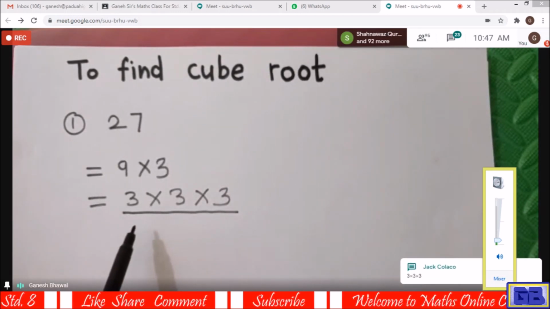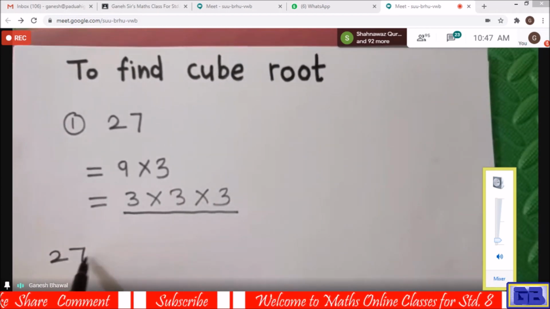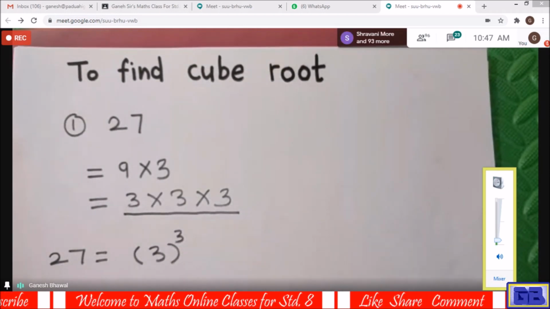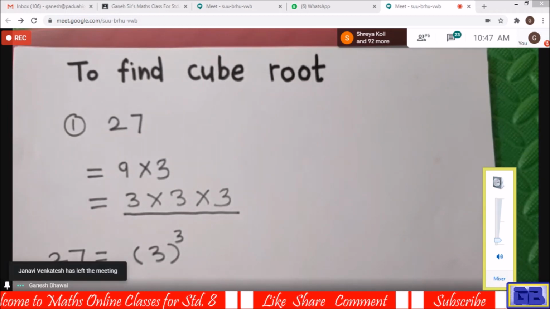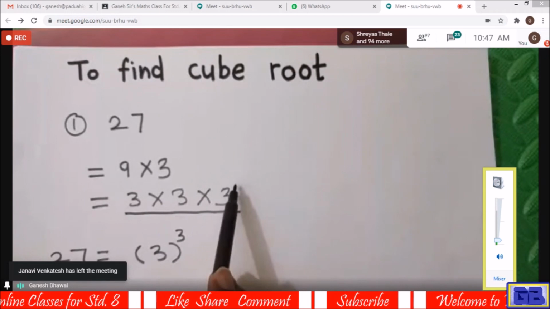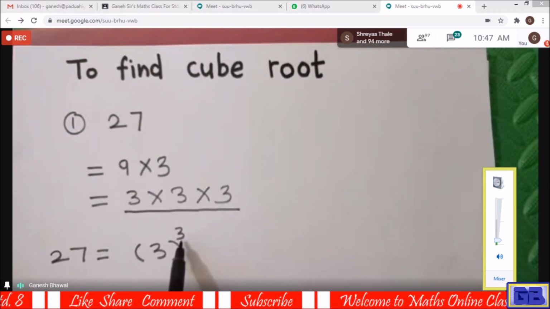As we got the same number 3 times, 27 equals 3 cube. This way we have to write it, by the rule of indices. Here there is 1, there is 1, there is 1. 1 plus 1 plus 1. At the index place we have written 3.